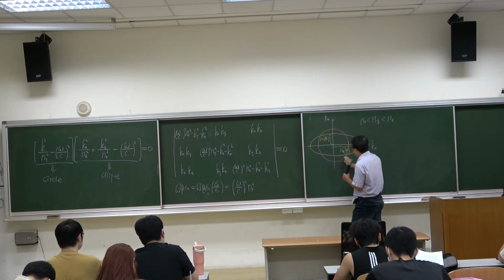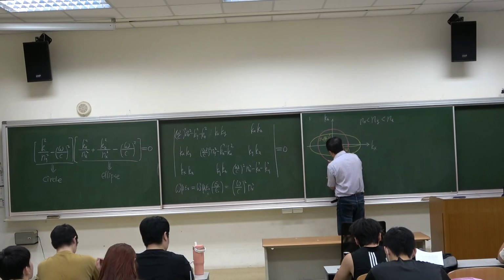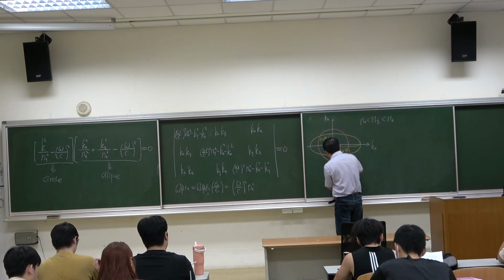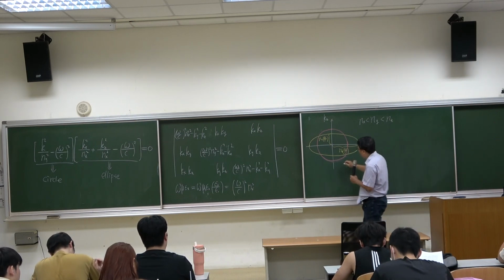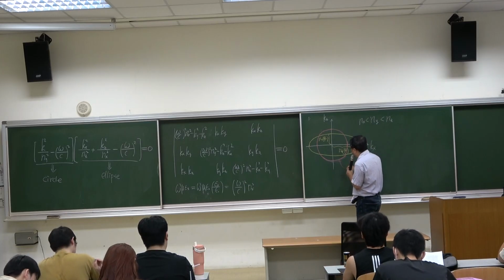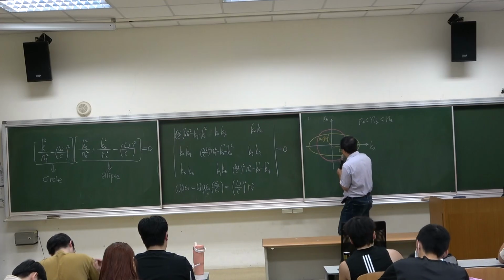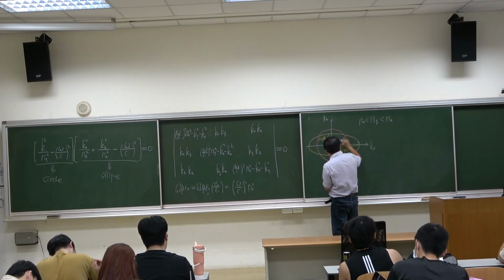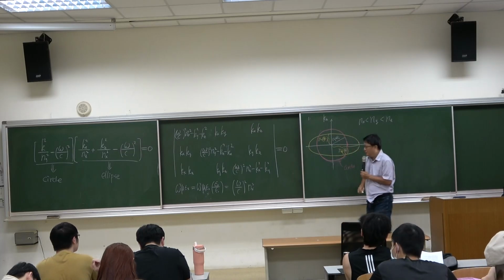好，这画的很烂，但是你把它想成就是一个圆。This is a circle. The circle has the radius equal to ny omega over c.